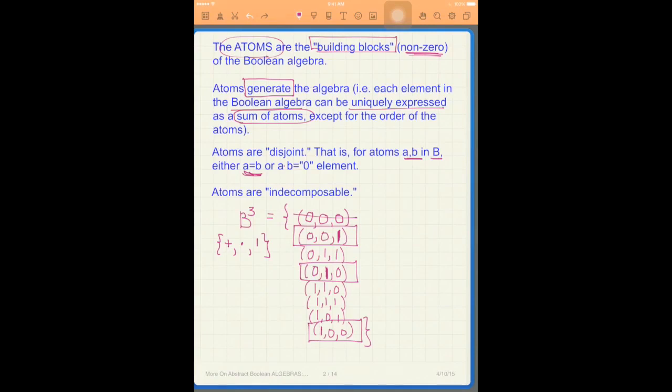Those are the atoms of this set. The reason is they are non-zero, and they are also disjoint. I needed those properties, but they can also generate the rest of the elements in this set.